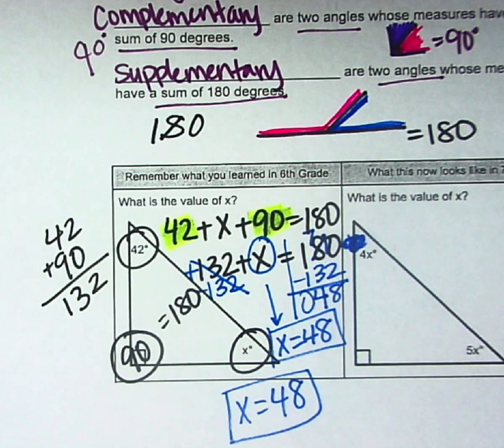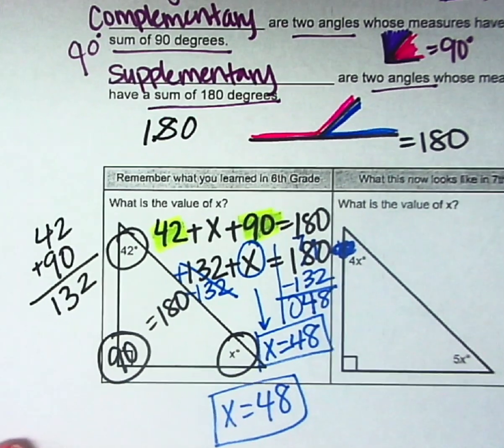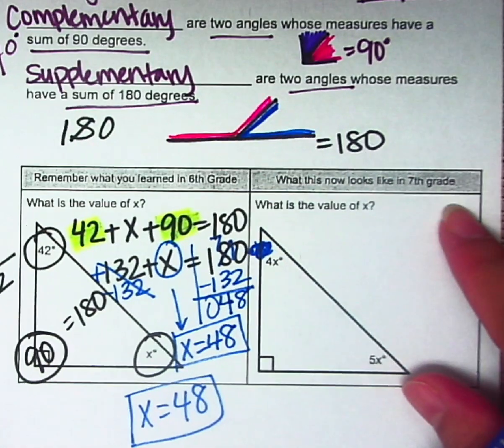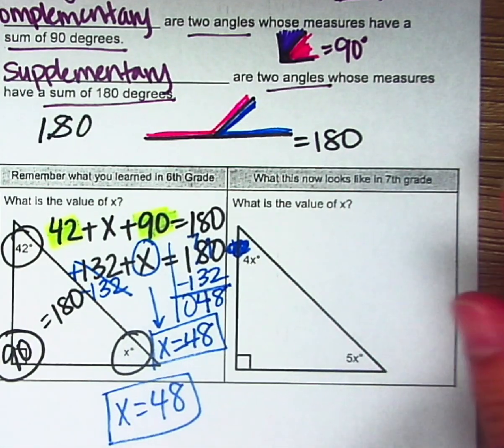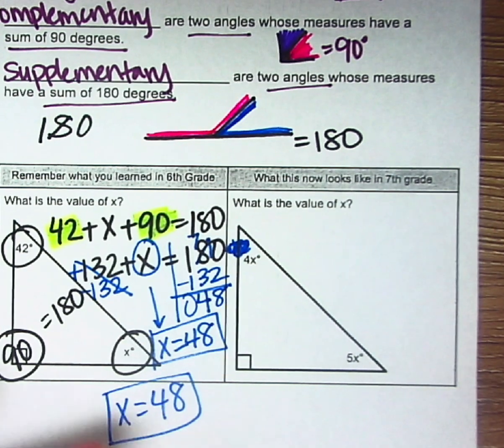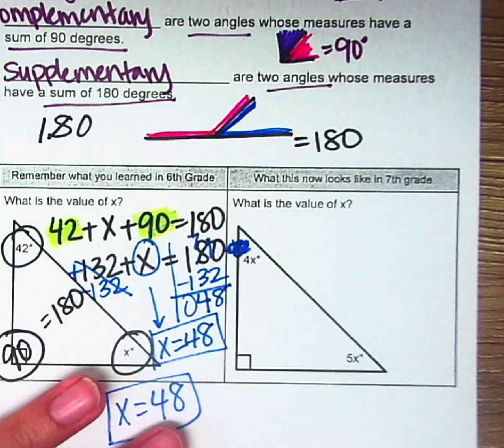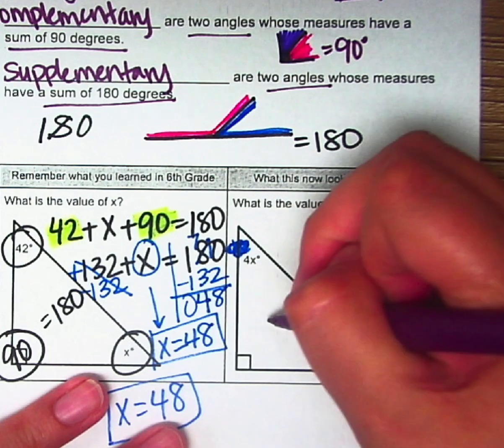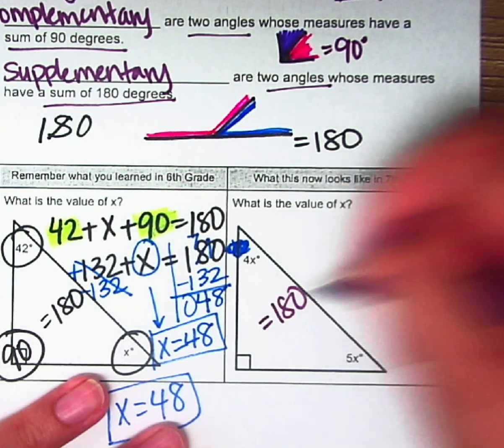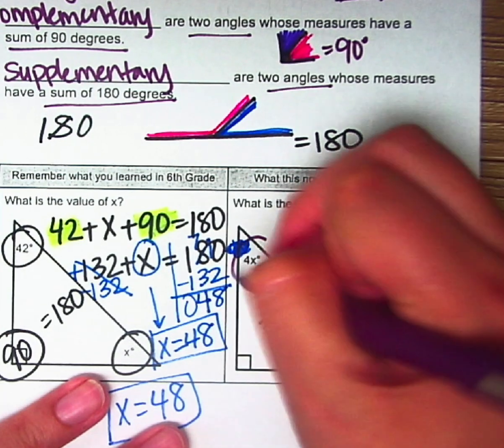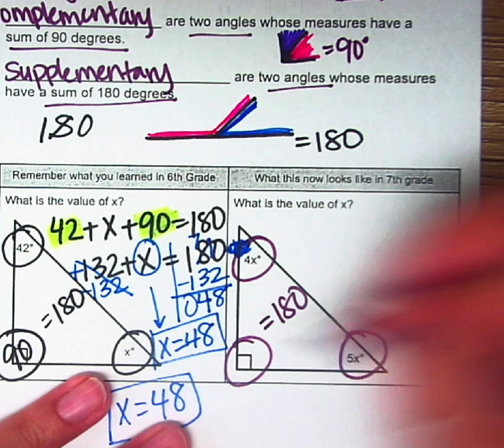Of course, in 7th grade, you're always adding a step. So let's see what this is going to look like. So it's still asking for what is the value of x. I know that the triangle is equal to 180 degrees. I'm going to look for all 3 of my angles.